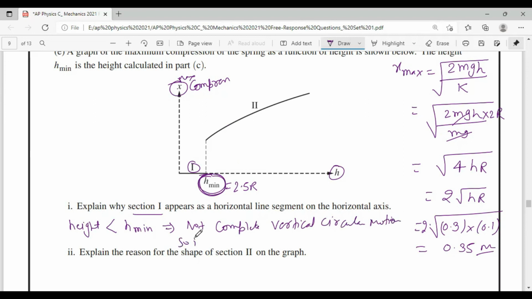So it will not collide with the spring. So the compression will be 0.